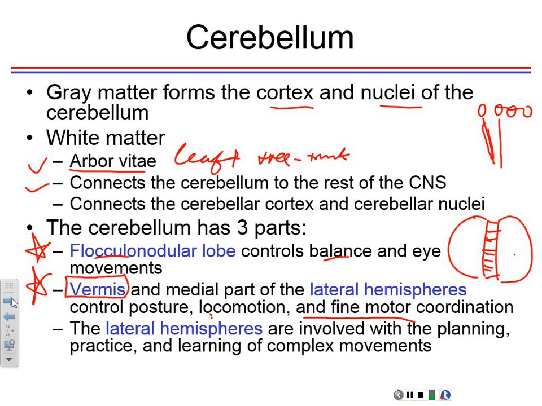You learn complex movements by practicing, things of a repetitive nature with a complex pattern to them. And the vermis controls very fine motor activity, and locomotion and posture.